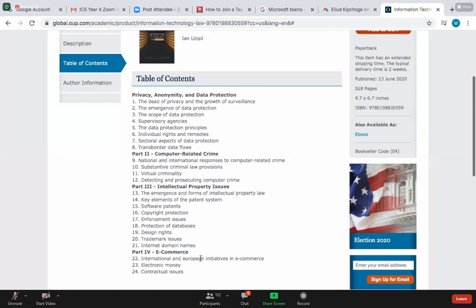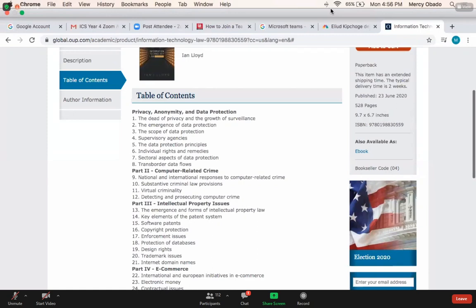When it comes to privacy, anonymity, and data protection: the data protection principles, individual rights and remedies, what happens when someone infringes on those data protection laws, national and international responses to computer-related crime, substantive criminal law provisions, the emergence and forms of intellectual property law, key elements of the patent system. Those are the things that we will be covering, some of those topics in the Kenyan context, and that is information technology law to you.